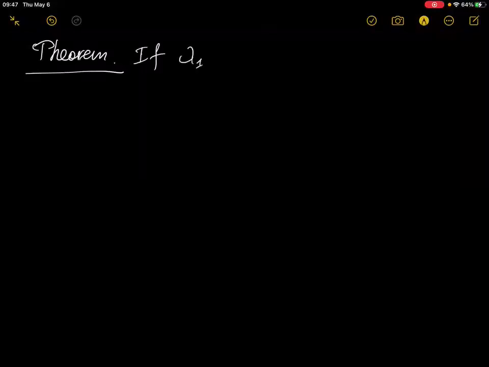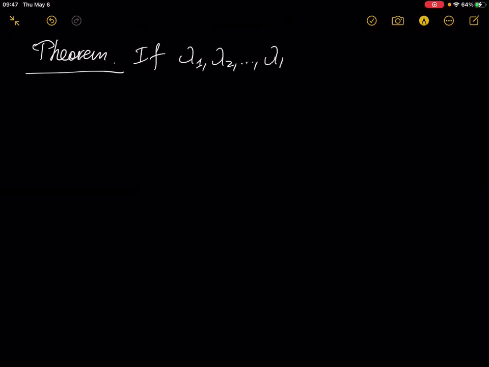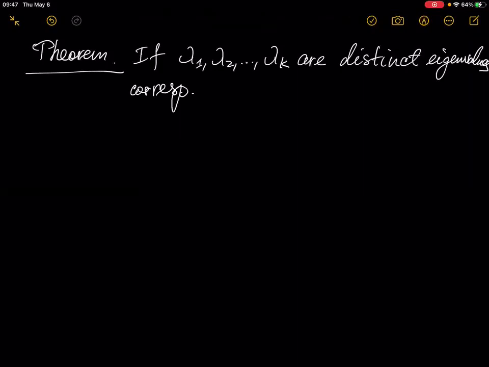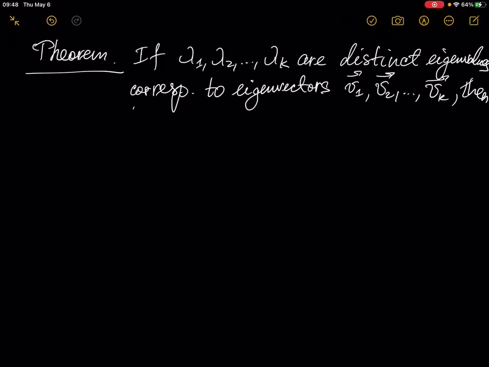That if lambda 1, lambda 2, ..., lambda k are distinct eigenvalues corresponding to eigenvectors v1, v2, ..., vk, then these vectors, these eigenvectors, are linearly independent.